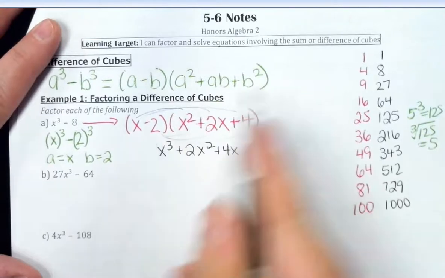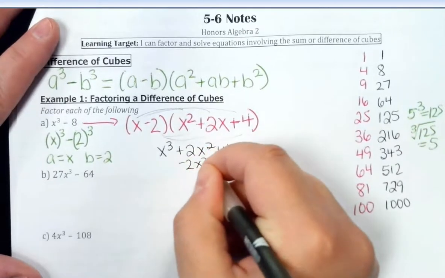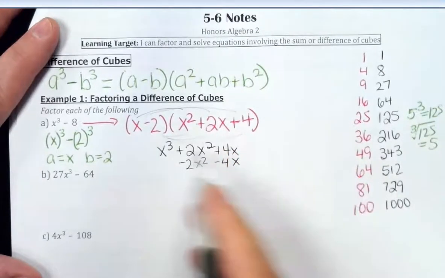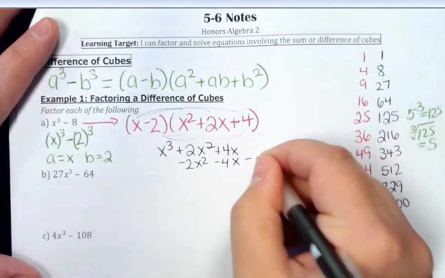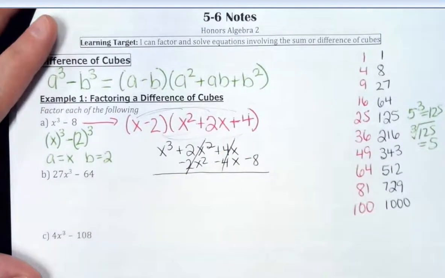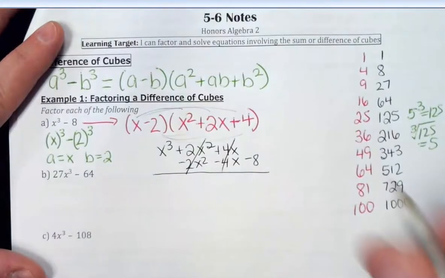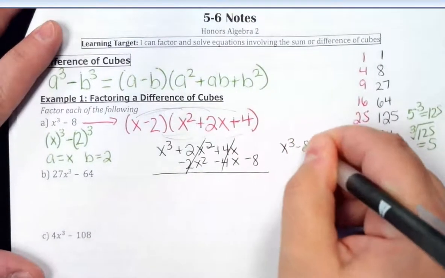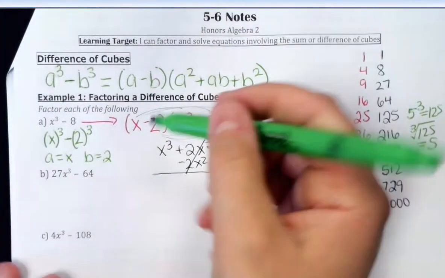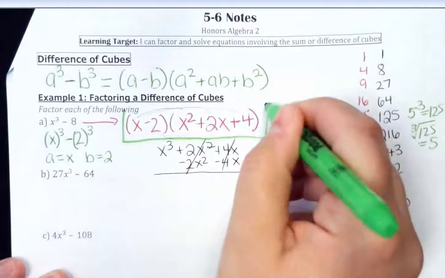So I'm going to get negative 2x squared. Negative 2 times 2x is negative 4x, and negative 2 times 4 is negative 8. And you guys can see these both cancel, and all I'm left with is what I started in the first place, that x cubed minus 8. So you can check any of these questions. What I'm looking for as my answer here is the factored form of this.